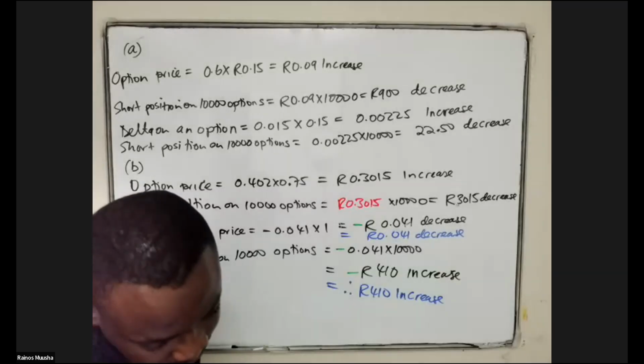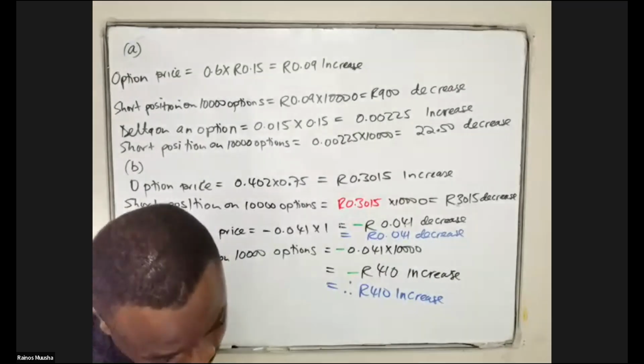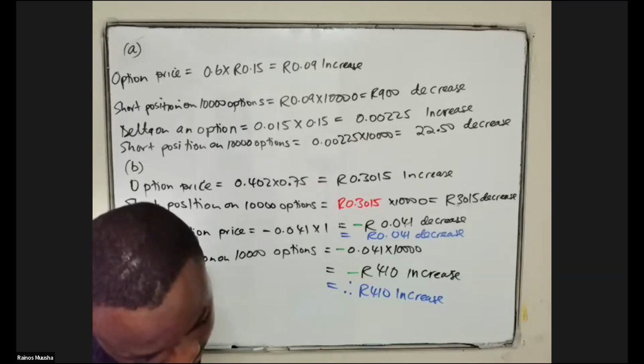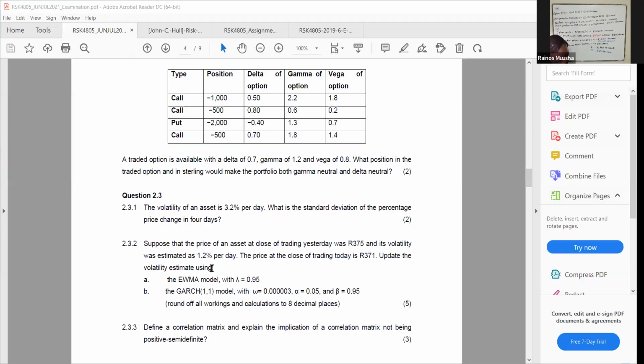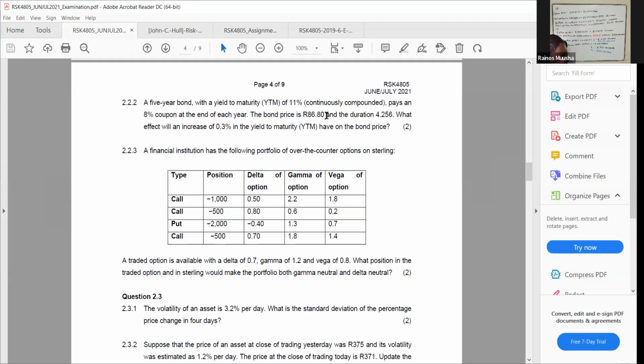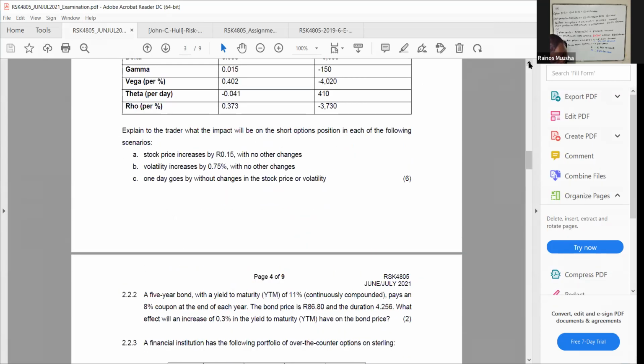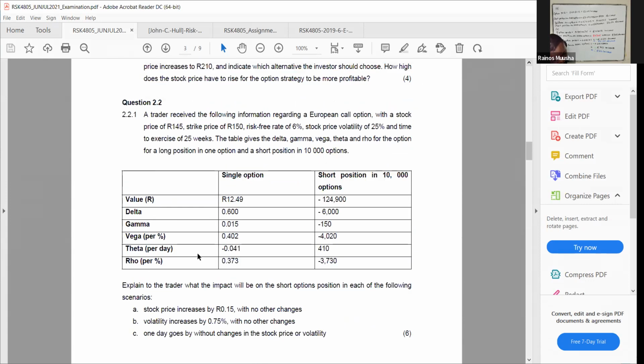Now, where the maturity part comes in, if you check on the question, they tell us that 1 day goes by without changes in the stock price or volatility.